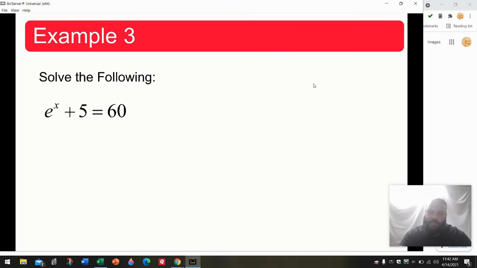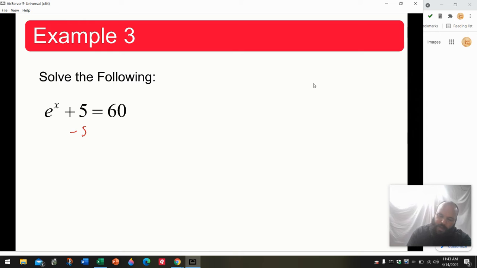The first equation you can see here just says solve the following, and we have e to the x plus 5 equals 60. Now, the first thing that you always want to do where you have an exponent that has the variable in the exponent position is to peel away everything else on the same side as the base and the power, except for the e to the x in this case.